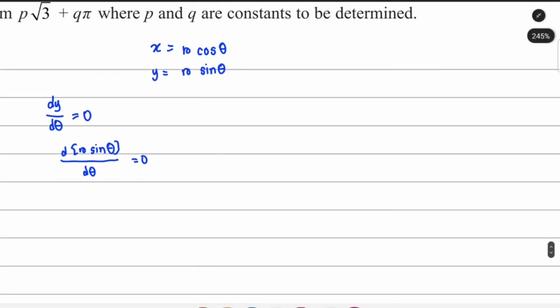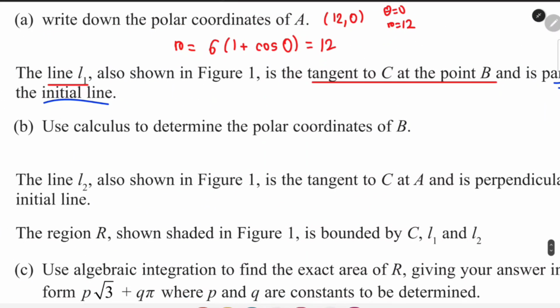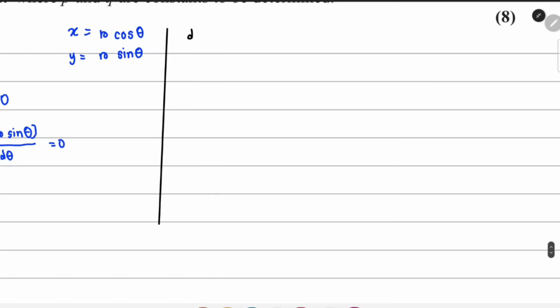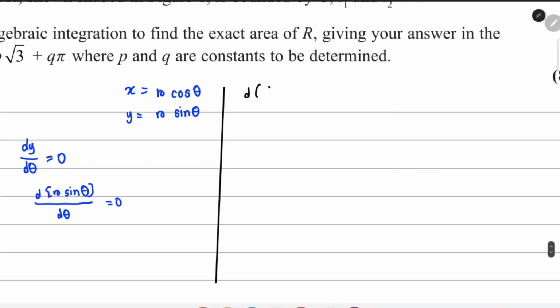Now r sin theta is 6 times (1 plus cos theta), and you multiply the entire thing with sin theta.